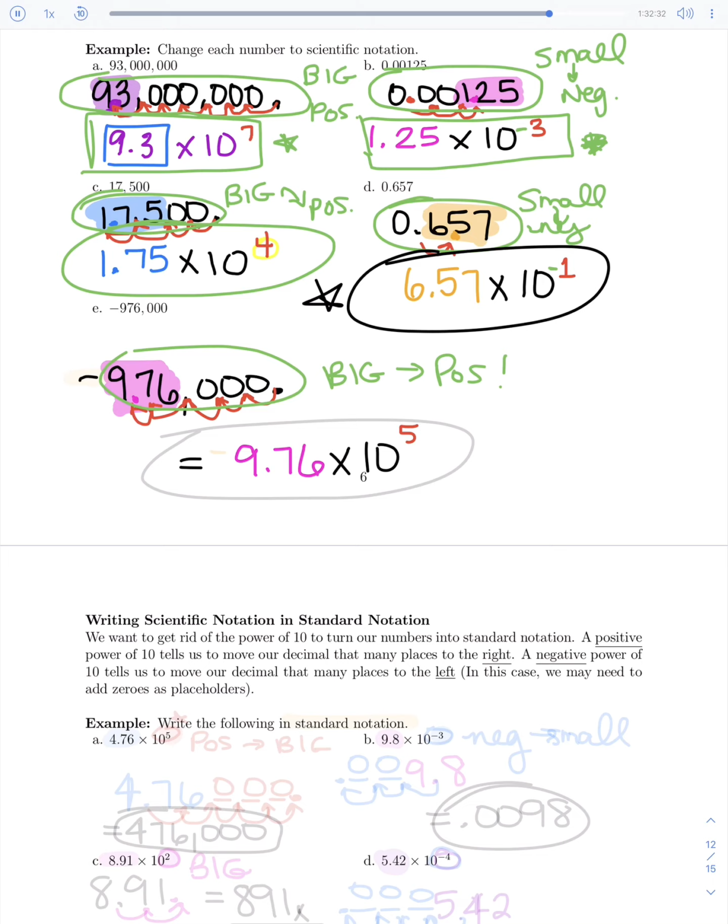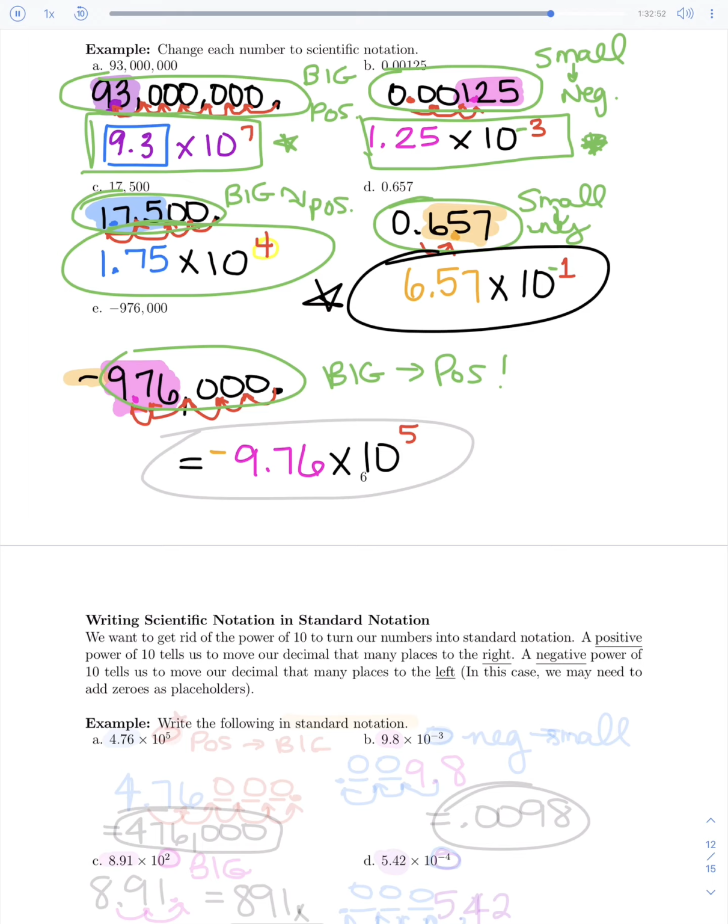And then we'll do something kind of sneaky. We'll just put the negative out in front at the end. So our answer here for our scientific notation is negative 9.76 times 10 to the 5th.